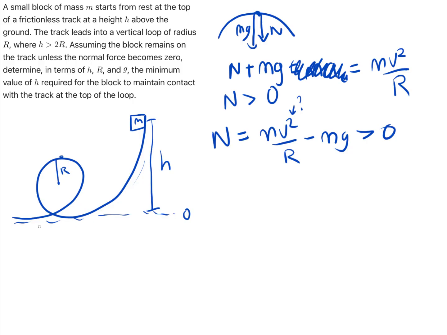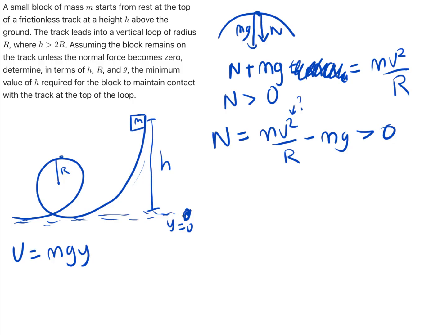So if we define the bottom of the track to have a y value of 0, so maybe this is y equals 0, then recall that the gravitational potential energy is equal to mgy. And it doesn't matter what the actual value you define y equals 0 is. It only matters the difference between the values of y.